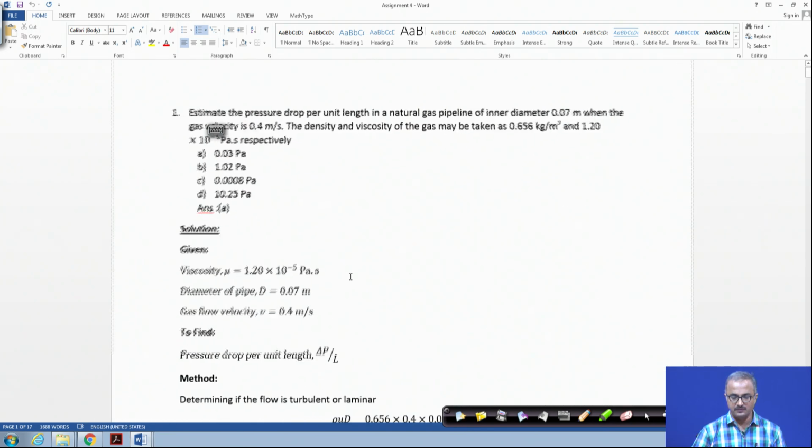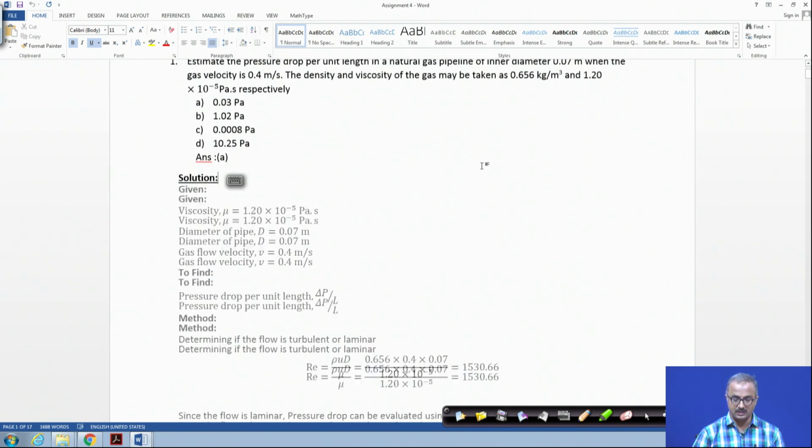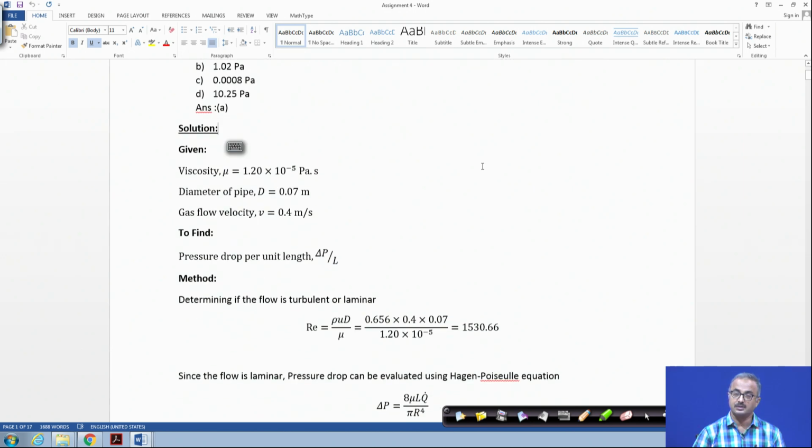Then we come to assignment 4. In this assignment 4, first we have asked you to find out the pressure drop in a pipeline when natural gas is flowing. So here you have been given some data, and you know that the pressure drop depends on the type of flow we are getting, whether laminar flow or turbulent flow.